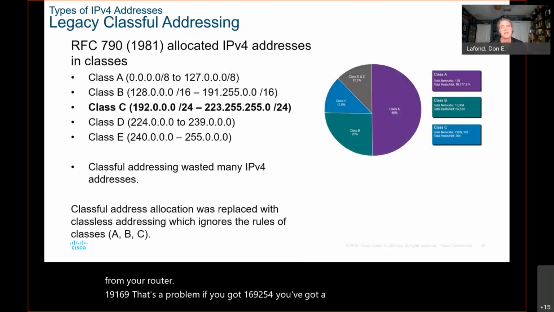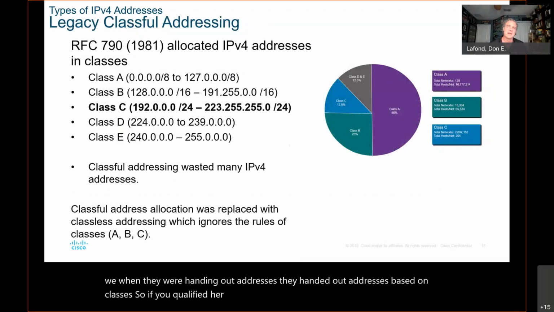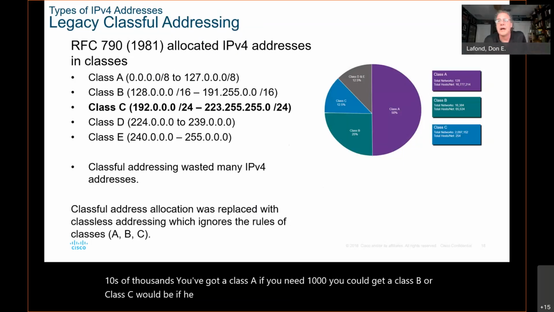Now, back in the day, when they were handing out addresses, they handed out addresses based on classes. So if you needed millions of addresses, you got a class A. If you needed thousands, you could get a class B, or class C would be if you needed hundreds of addresses.